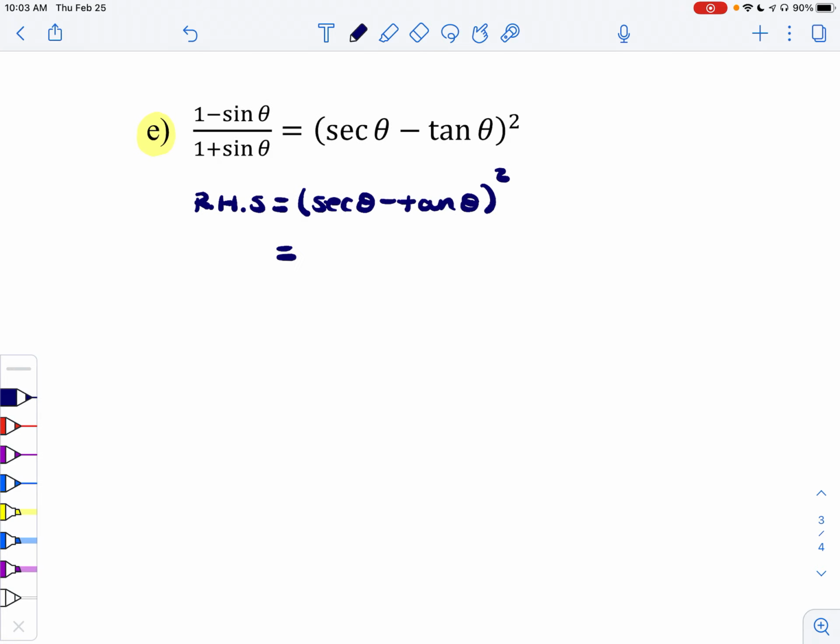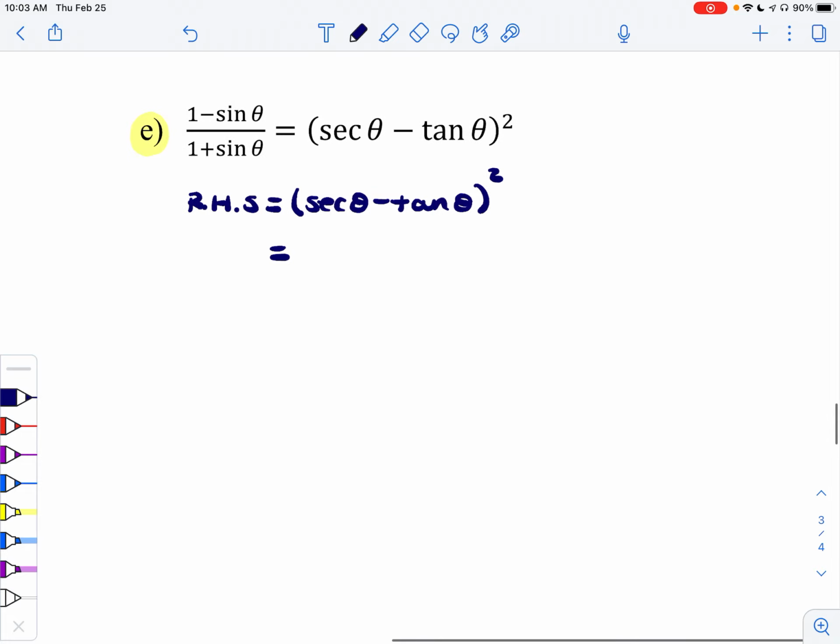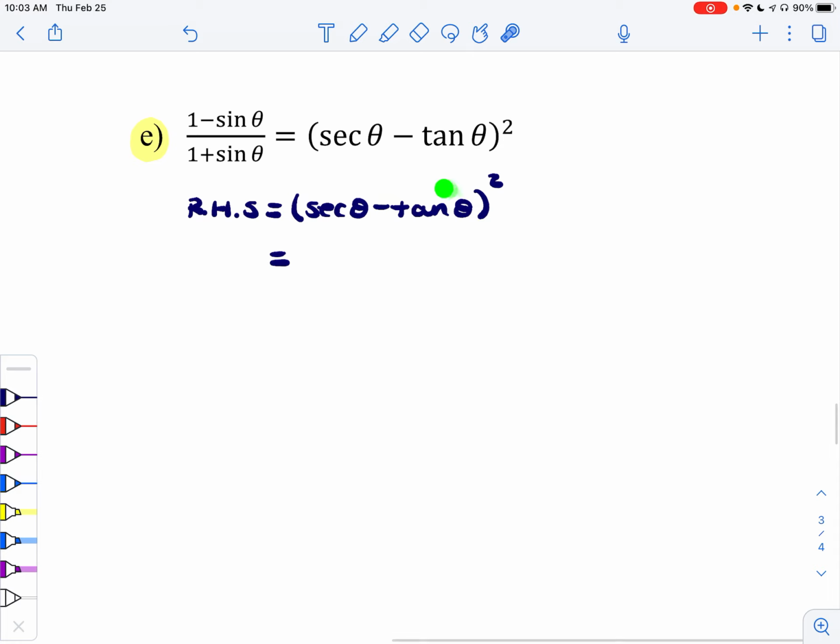Okay, so looking at this right-hand side, we definitely have some options, okay? But the thing that I want to try to do here is I'm actually going to start with my trig identities on this one. And I'm just going to use my reciprocal and my quotient identities to change my secants and tangents into sines and cosines.